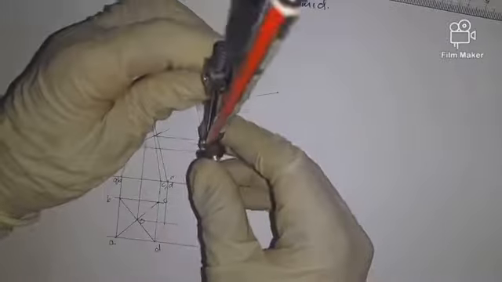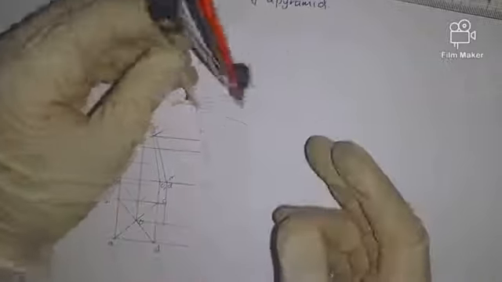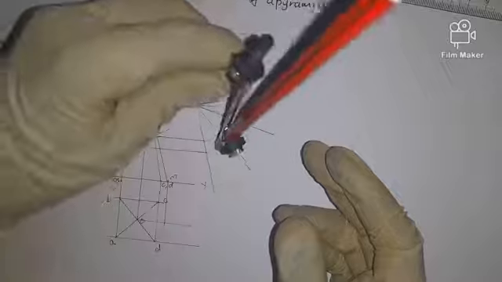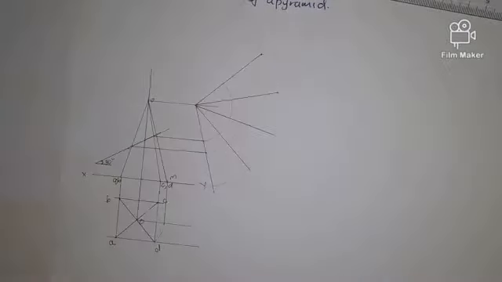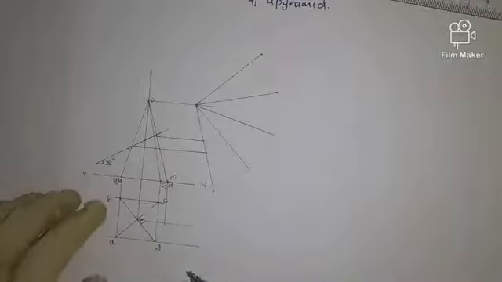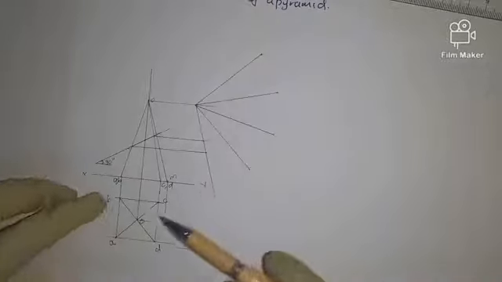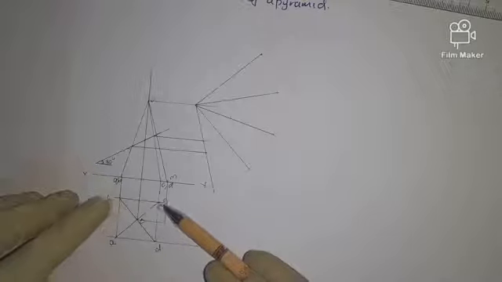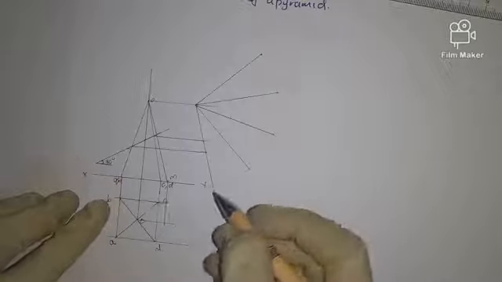Then again this. After that, we have to name the letters. Now we are opening it such that we start from point C. We can call this point.